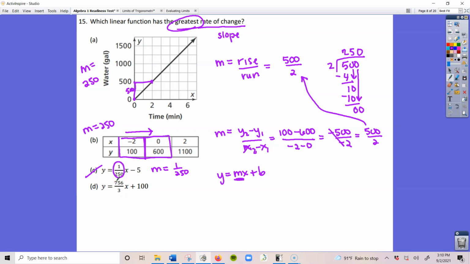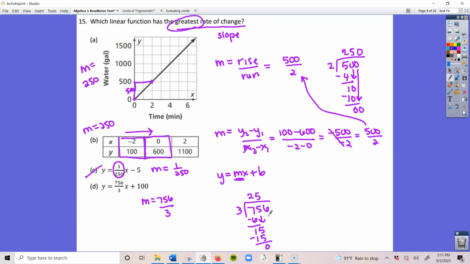For D, 756 divided by 3, this is my slope. If I divide this, remember the numerator goes inside the house. 3 goes into 7 2 times to give you 6. 7 minus 6 is 1. Bring down the 5. 3 goes into 15 5 times. 5 times 3 is 15.